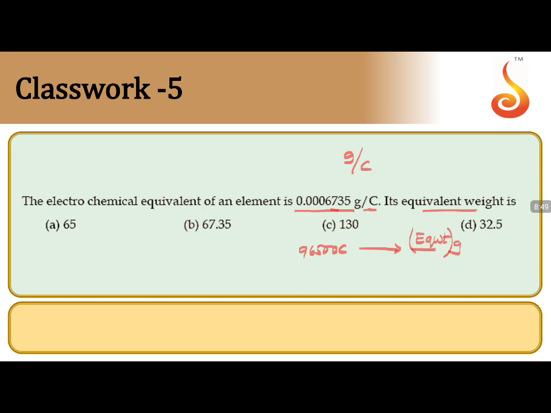Then 1 coulomb is equivalent to 0.00066735 grams. If 1 coulomb is this many grams, then 96,500 coulombs is equal to how many? That will always be equal to the equivalent weight. So to get the equivalent weight, multiply that with 96,500. We are going to do that.